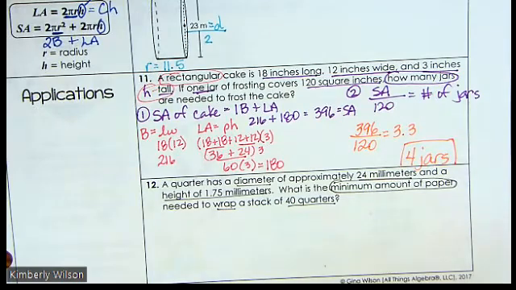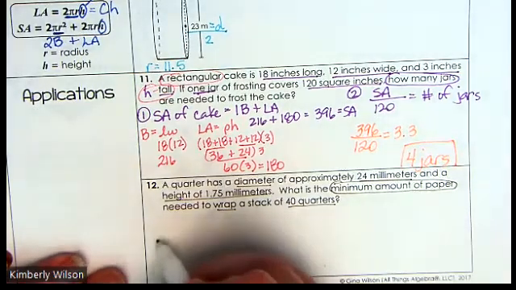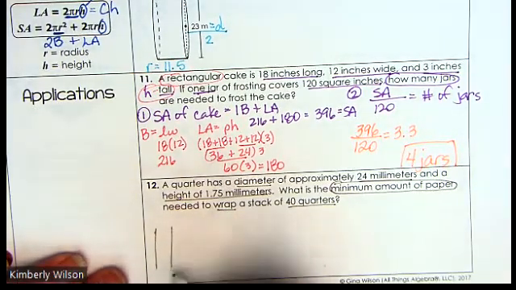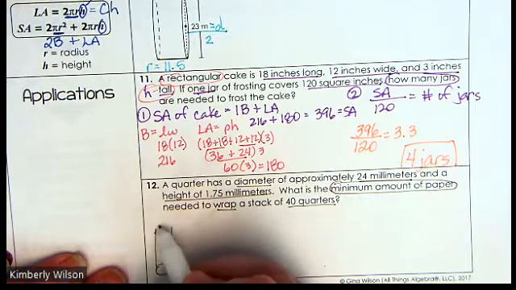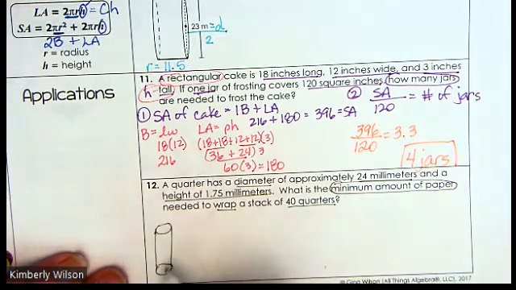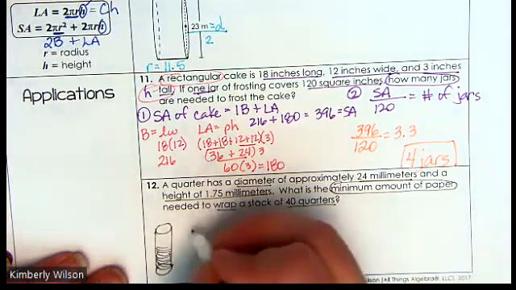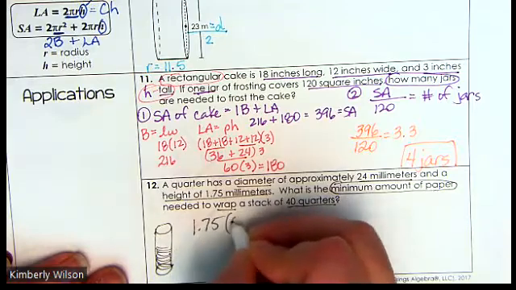Okay, so that shape is going to be a cylinder, but it's going to be like 40 of these things. And each one is 1.75 high. All I got to do is 1.75 times 40.